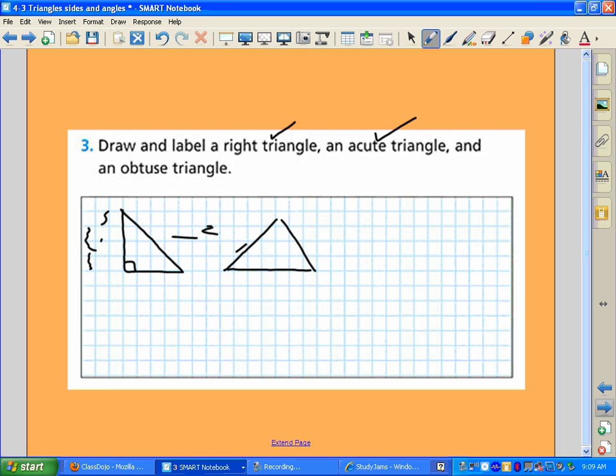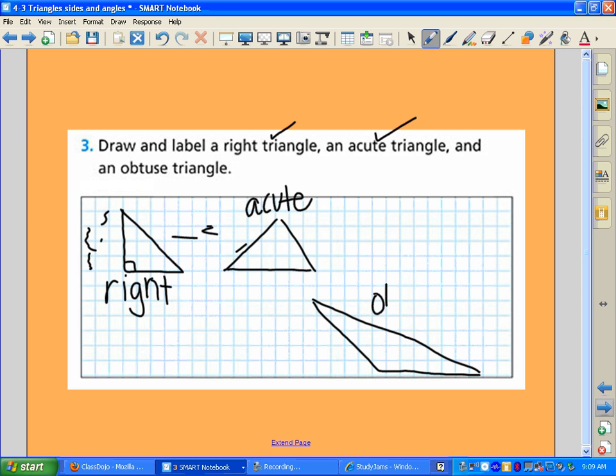Draw an obtuse angle, and then connect the points. Does it look like a triangle? This is right. Acute. Obtuse. Got those?